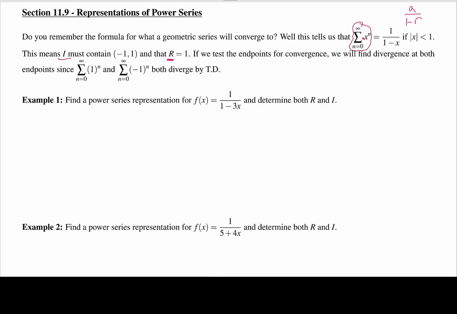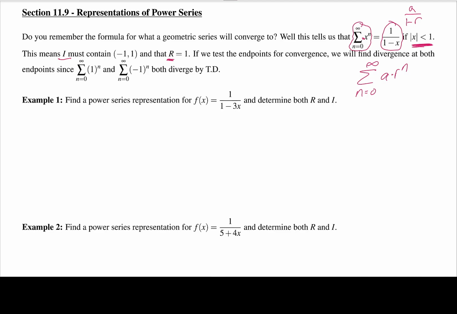Remember, we should have something that looks like the sum from n equals 0 to infinity of a times r to the n. If this r has absolute value less than 1, then we know that this converges, and furthermore, that it converges to this.